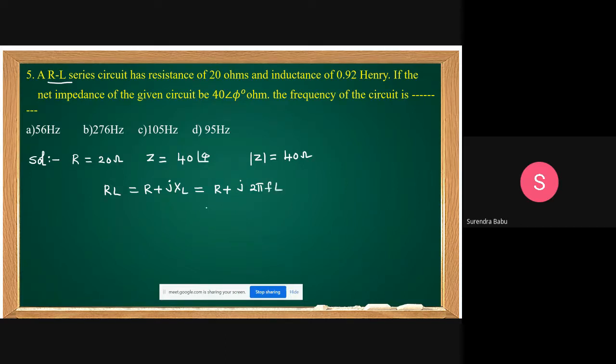What is R? 20. 20 plus j 2 pi F. L is how much? 0.92 Henry. Please simplify this one. How much can you get?